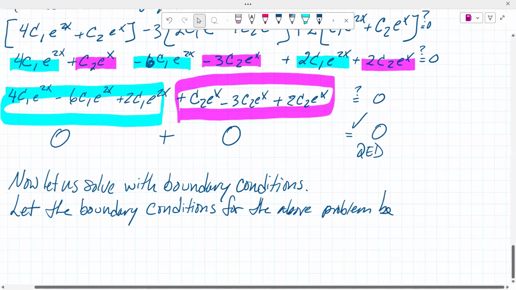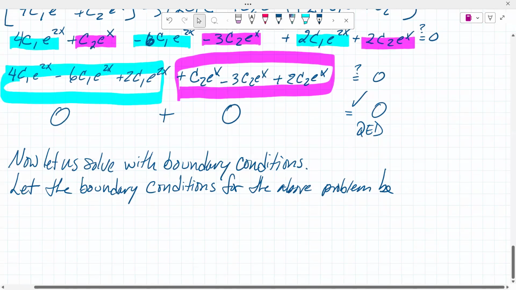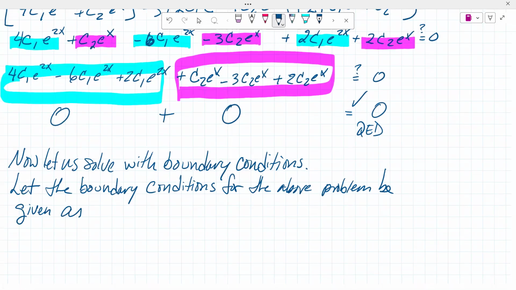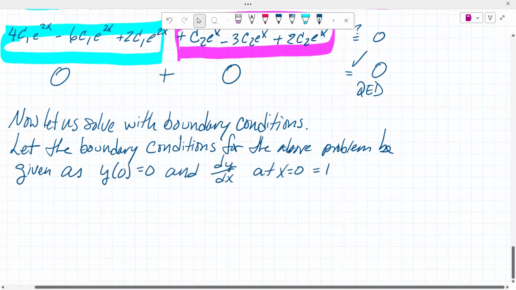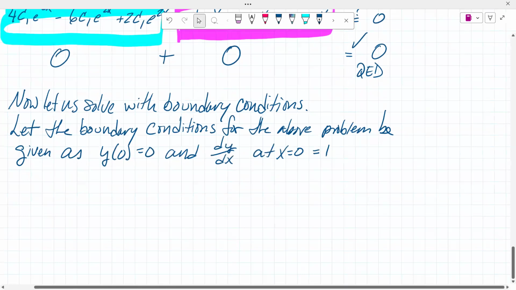So this would obviously have to be given. y of 0 equals 0. dy/dx. Okay. So the general solution has been solved above.